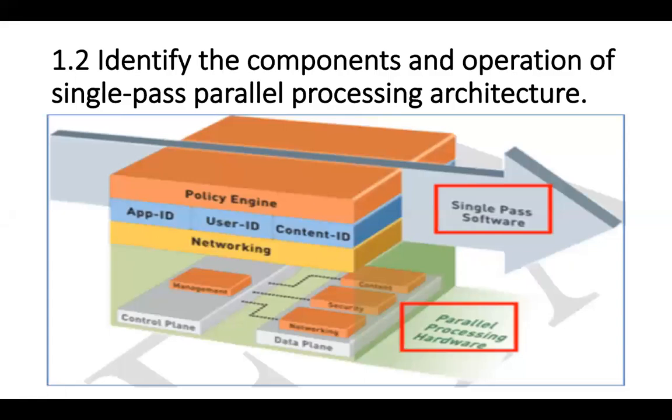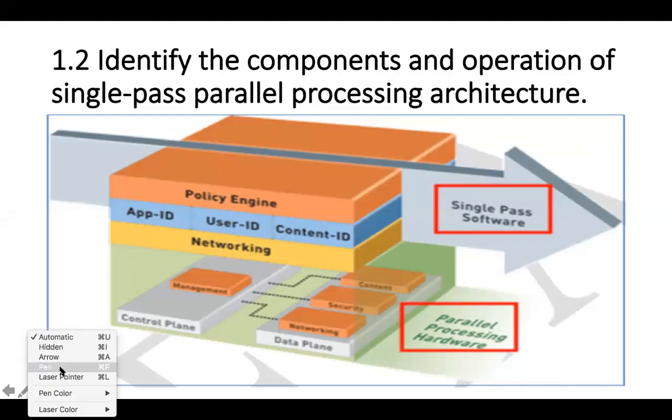Single pass parallel processing. In the initial class, what we discussed is that Palo Alto is also called SP3. It works on SP3 architecture: single pass software and parallel processing hardware. So what does single pass mean?